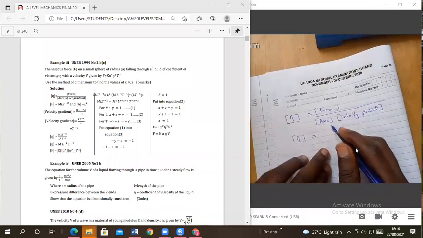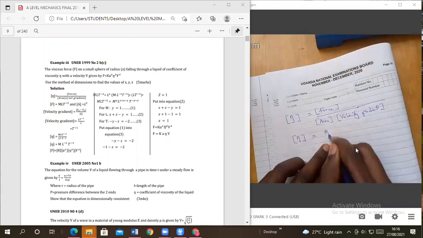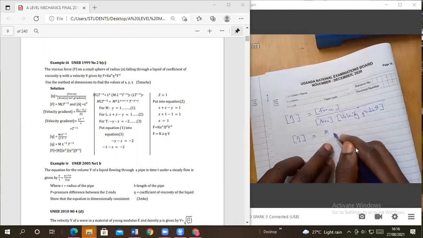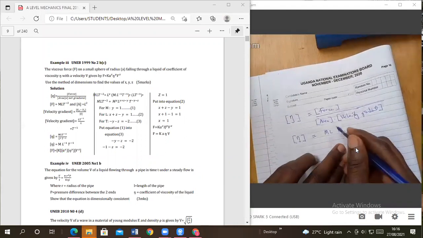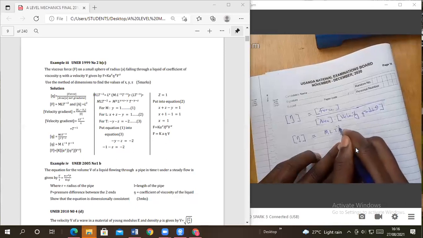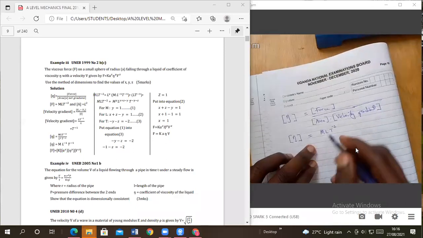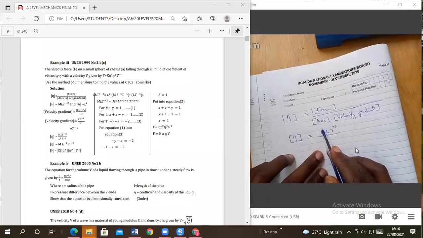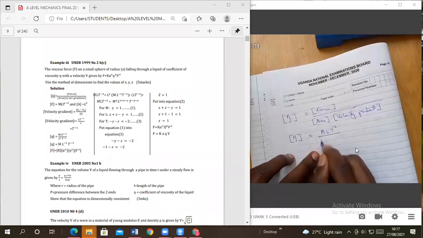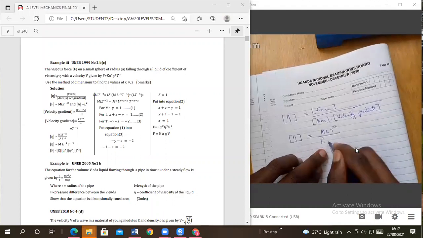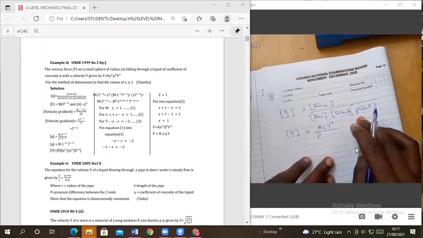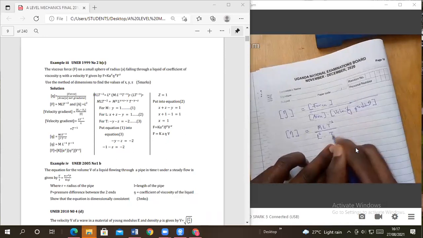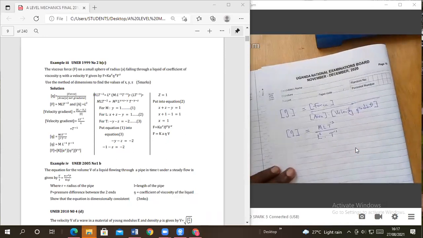For force we have M L T to the power -2, over the dimension of area, which is L square, times the velocity gradient we just got, T to the power -1.